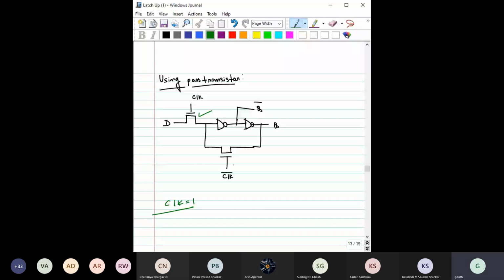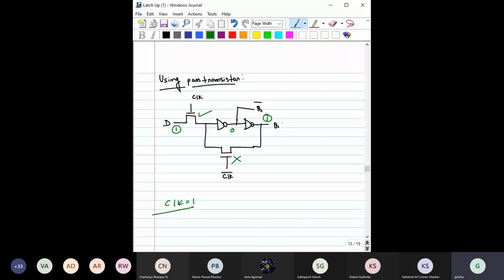So this D, if this D is say 1, then here it becomes 0, right? Then you get here Q bar. If this D is 1, then Q bar is 0. Then you are getting Q bar from here. Okay. Now if you use one more inverter, then you are getting here again 1, right? This is 1, this is 1, right? So whatever you have given here, you are getting, right?